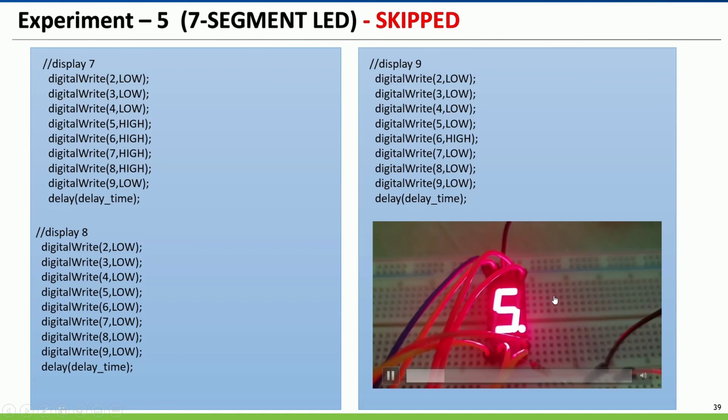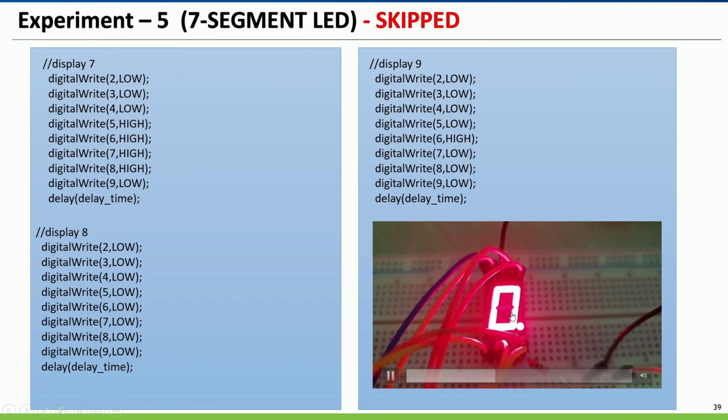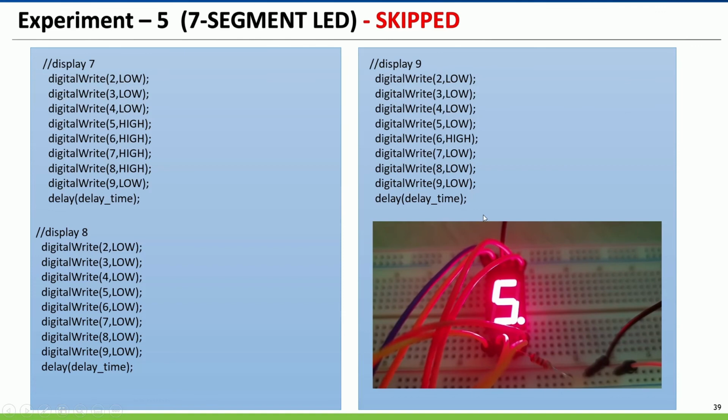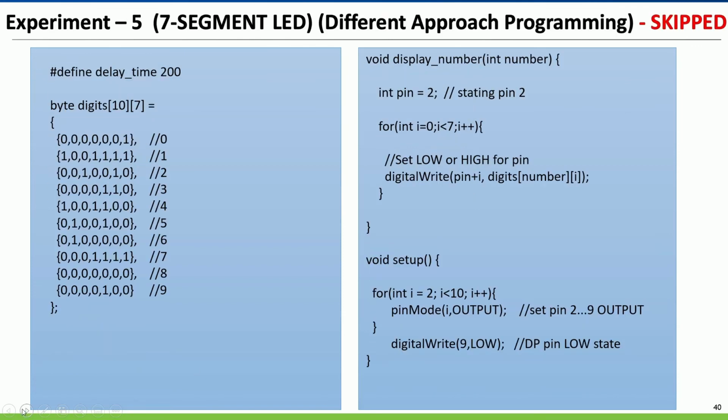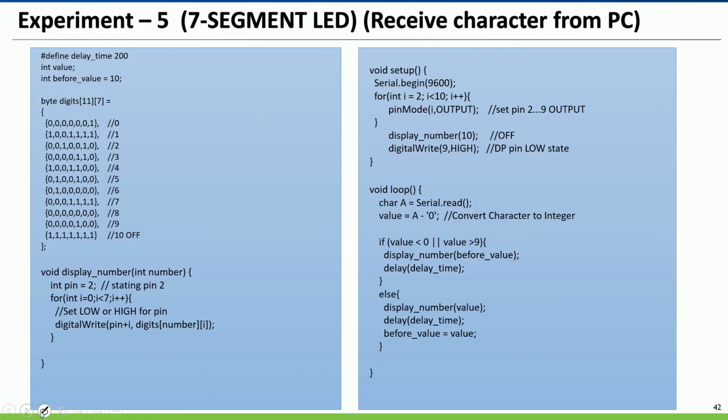This one you display a number, and this one uses the digit number, and you set how pinMode and digitalWrite are simplified in the program using a function. This experiment we skip, okay, and receiving characters from PC we also skip.